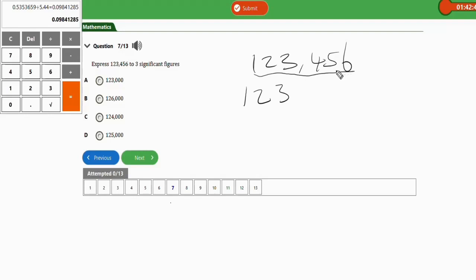Now when you are dealing with significant values before the decimal point, like this value we have, there is no point to it. So now that we have rounded to three significant figures, the other remaining values will be replaced with 0, so it will now be 1, 2, 3, 0, 0, 0.